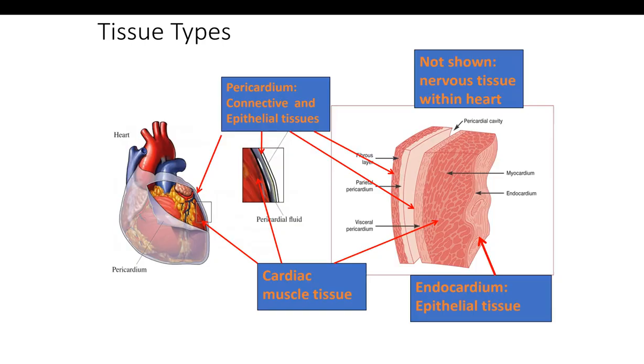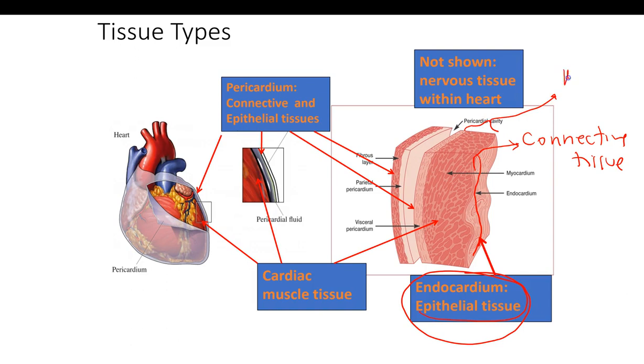Another example is the heart. Again, the heart is going to be lined with epithelial tissue. This will be the epithelial tissue lining. Below epithelial tissue, there's going to be a thin layer of connective tissue, so thin we cannot really see it in this particular picture. Below this thin connective tissue layer, there is a very thick muscle layer.